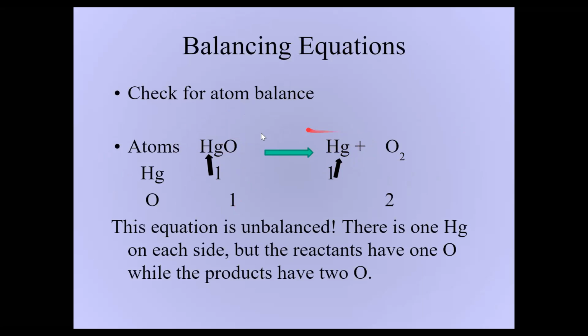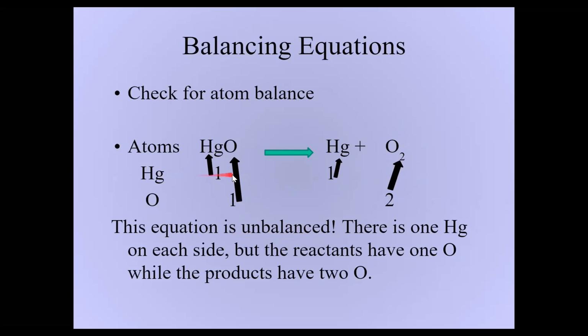In the products, we've got one Hg. In the reactants, we've got one O. And in the products, we have two O's. So one Hg, one O in the reactants, one Hg, two O's in the products. What does that mean? This equation is unbalanced.